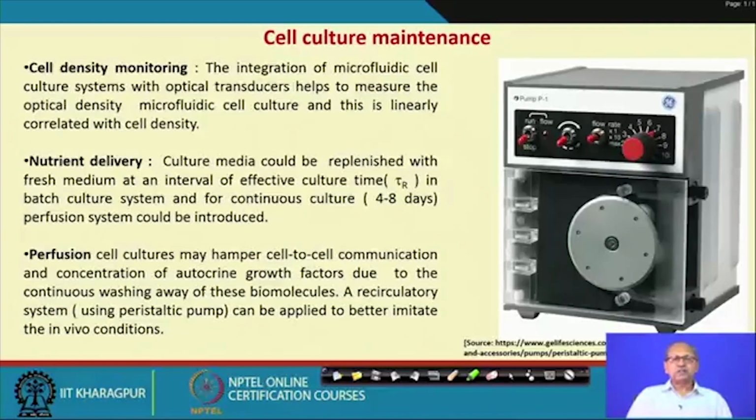Instead of perfusing continuously, we can make it circular, like what is happening in our body. A recirculatory system using a peristaltic pump could be applied. This is a peristaltic pump. So, you can use the peristaltic pump to recirculate the media, so that the autocrine growth factors are not lost over a certain period of time.